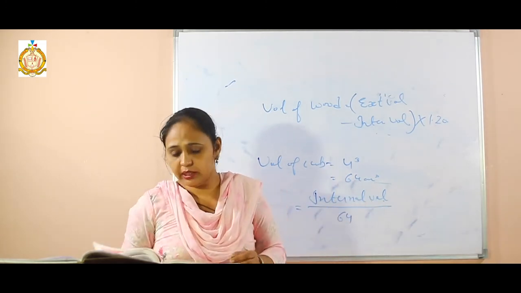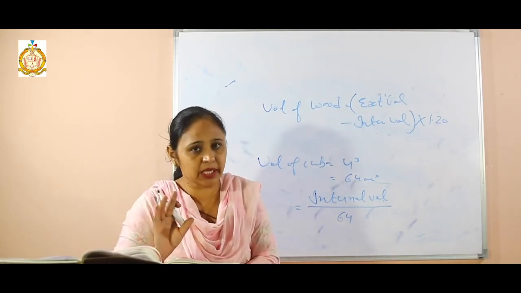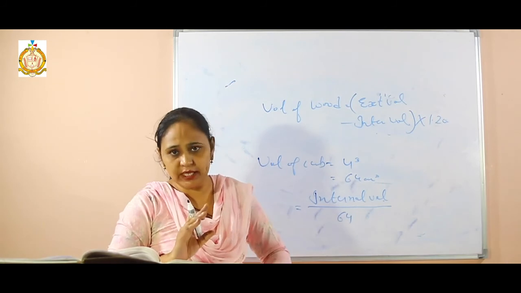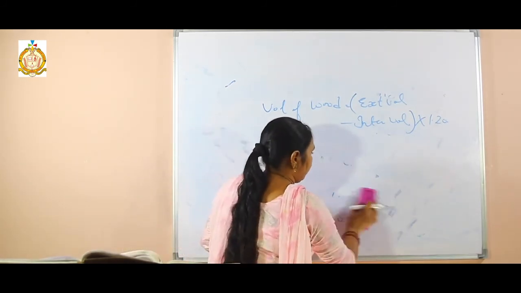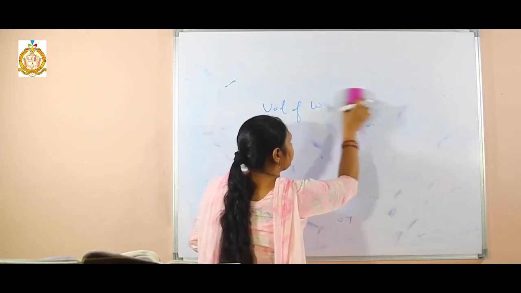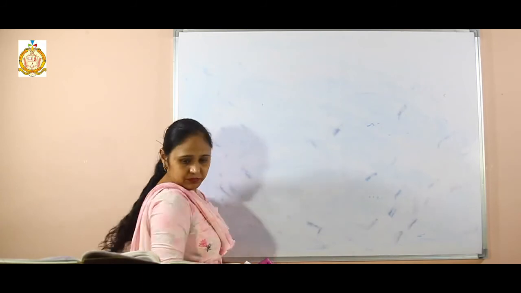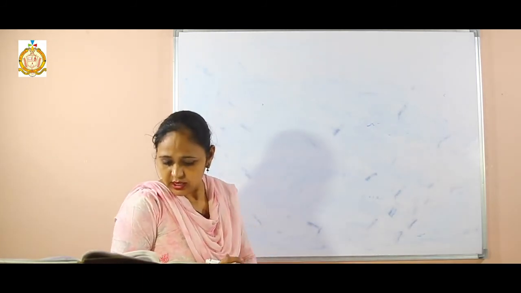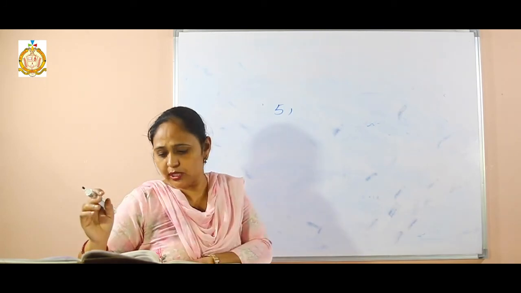Clear? Then in these sums, you have to try to solve a few sums. I am writing those numbers, so please try to do it. Sum number 5, I am going to do only a few sums, not all sums.